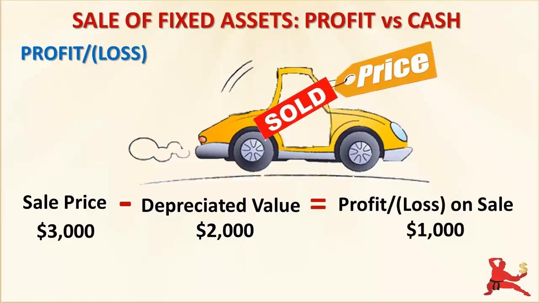From the accounting standpoint, we have made a profit of $1,000 on the sale of the car because the car was worth $2,000 on our balance sheet at the end of year 2, but we sold it for $3,000. But if we sold the car for $1,500, we would make a loss of $500. Sale price of $1,500 minus the depreciated value of $2,000 gives us a loss of $500.